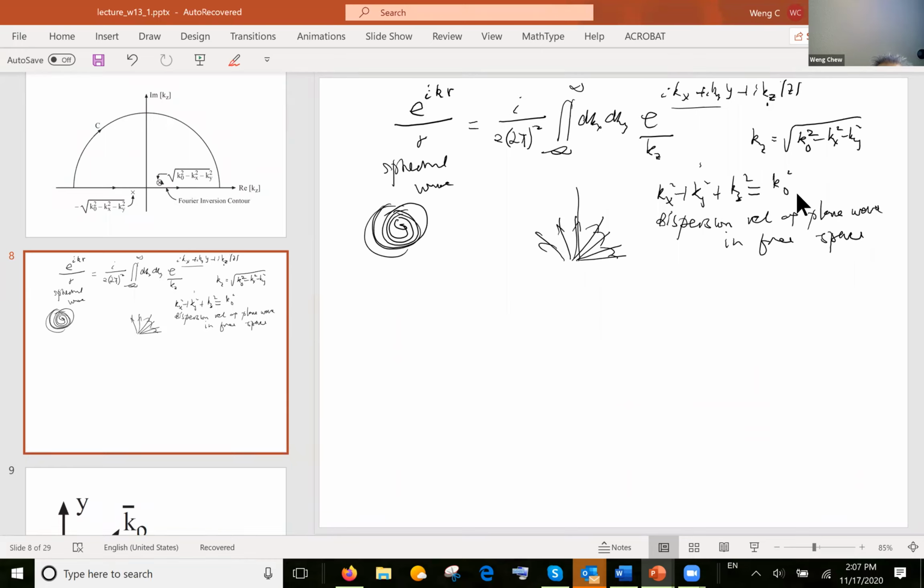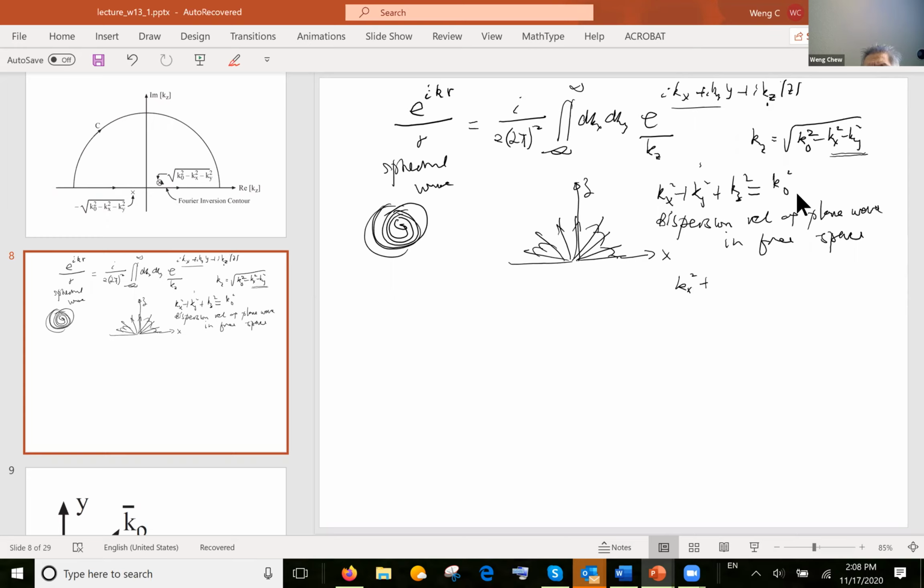This is z, and this is x and y, and so on. It also includes evanescent waves, because there will be values of kx and ky that are larger.